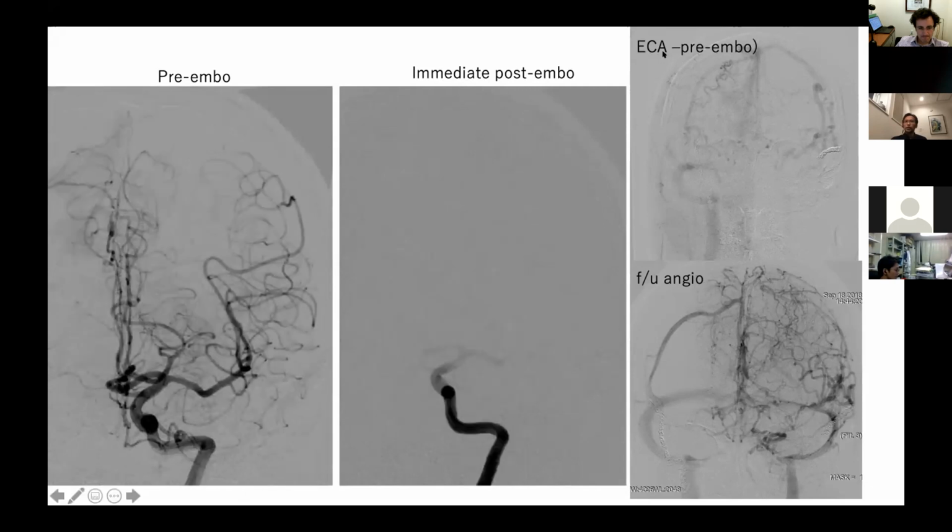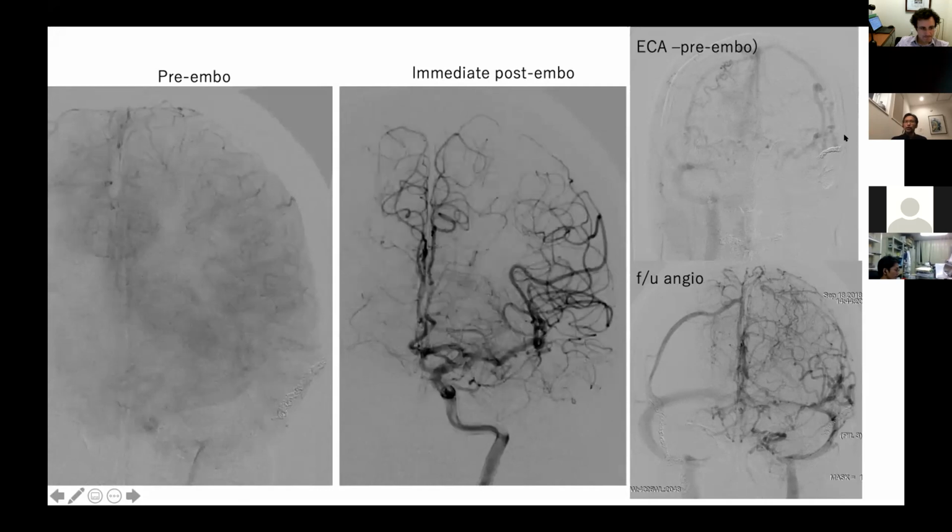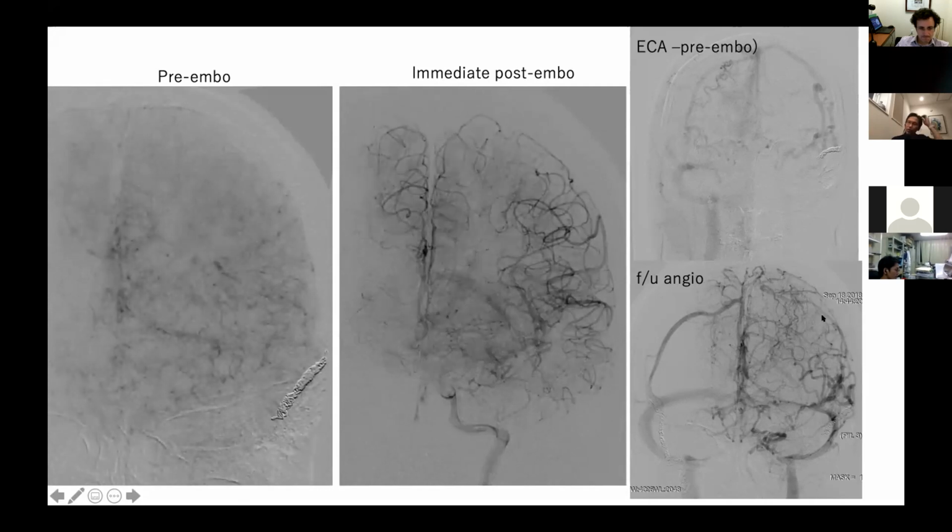So this is again ECA pre-embo, and on the follow-up. So this is the follow-up angio.